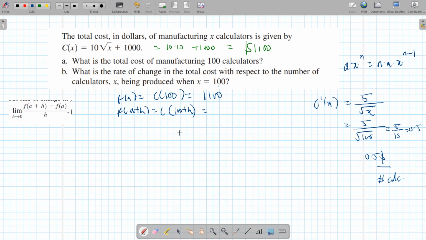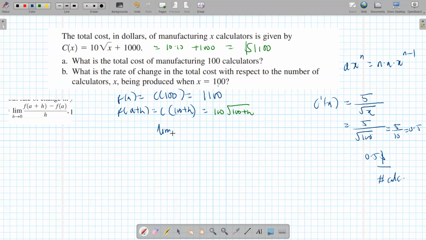Wherever you see an x, you replace that with what's in the bracket. Right now in our bracket, we have 100 plus h. What do you do with the h? You just leave it as h. H is 0 technically, but we're going to be dividing by h here, so it's an arbitrary h.